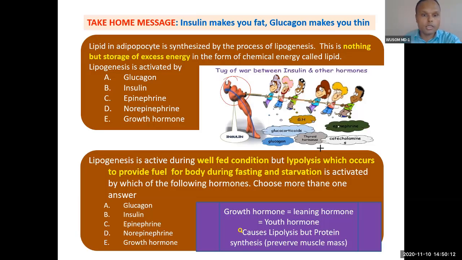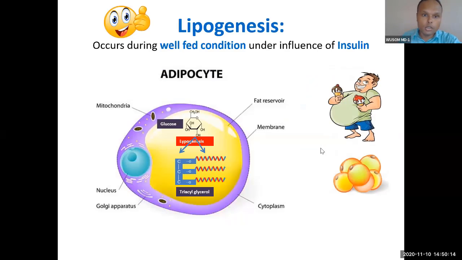So we did this question, and then we studied what is lipogenesis and adipogenesis. Adipogenesis is division of adipocytes, and lipogenesis is formation of lipid. The lipid is formed from this triglyceride, the simple lipid. This is triglyceride. Simple lipid is completely derived from glucose.